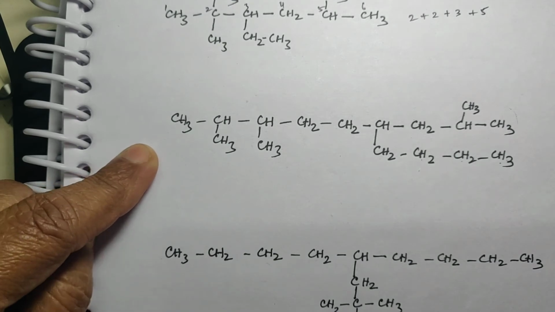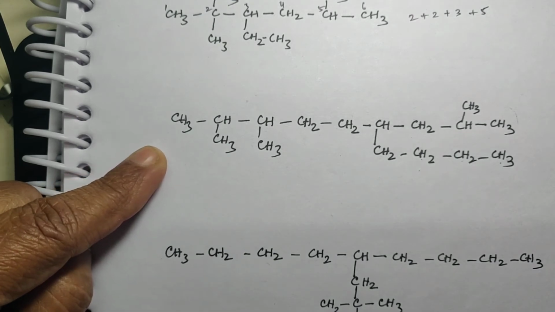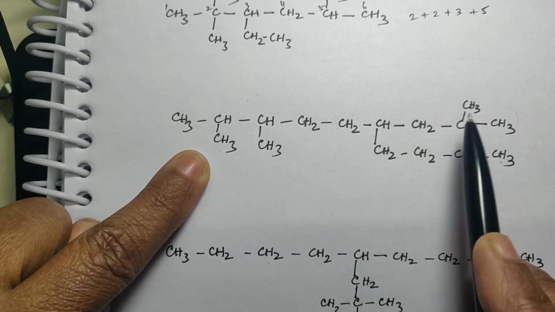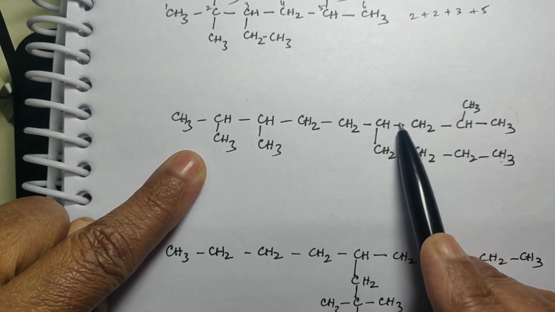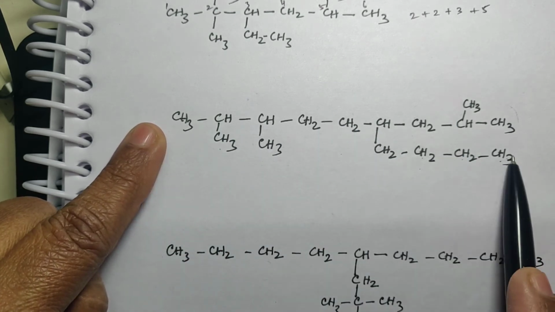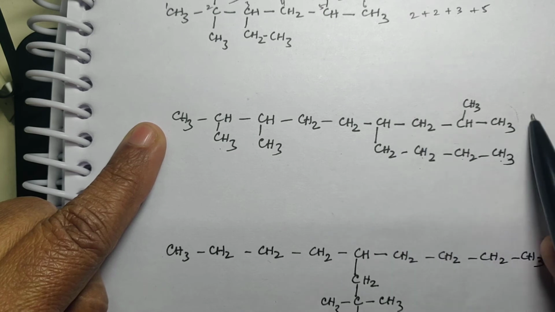Okay. Now how do you have to name the branches? Now this is a simple one, methyl. This is also a simple one, methyl. Now how to name this? Okay. You understand? This is the longest chain. In that case, this is a branch.